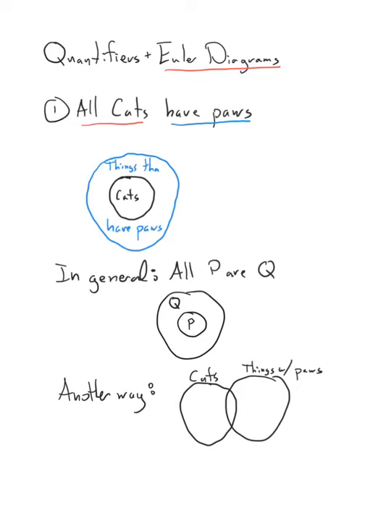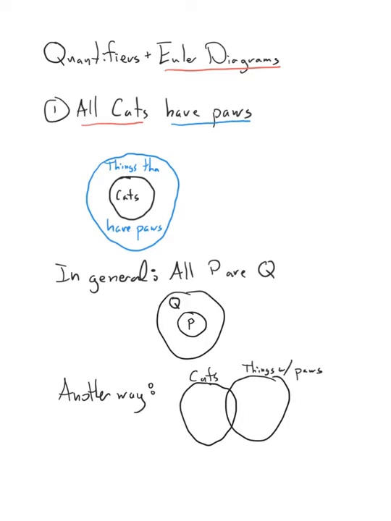Well, that means that there are no cats that do not have paws. So nothing lives in this area here. So this area, these are all cats that don't have paws. These are both cats and things with paws, and these are just things with paws that aren't cats. And I guess outside are things that aren't cats and don't have paws.